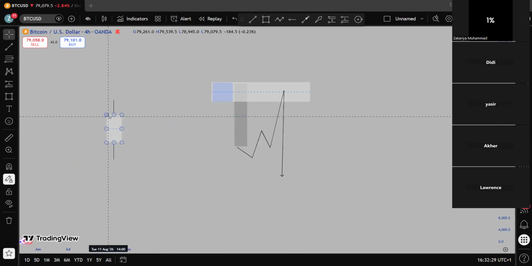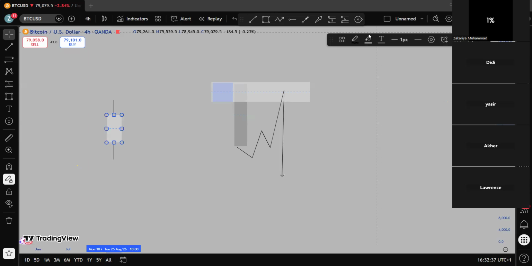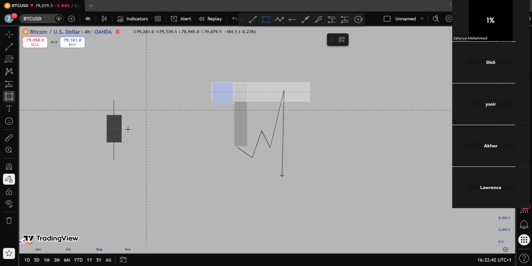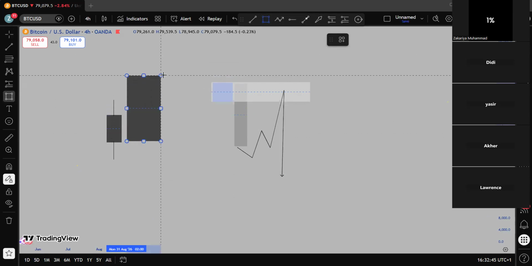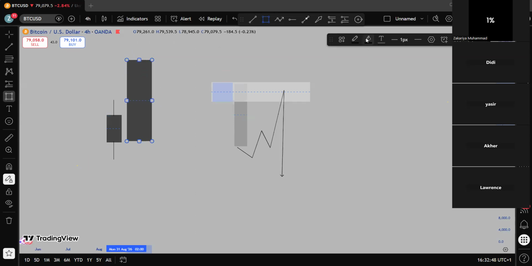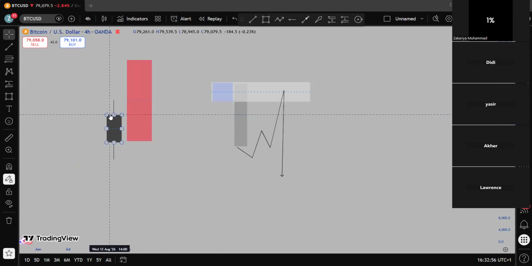For you to mark a valid order block, when you have a bullish order block, you have a bearish candle, then a bullish candle engulfing it. To mark this order block, you first need to consider the wick. I'm going to repeat this only once. If the wick of this last candle is longer than the body, you're going to use only the lower wick to mark your order block.